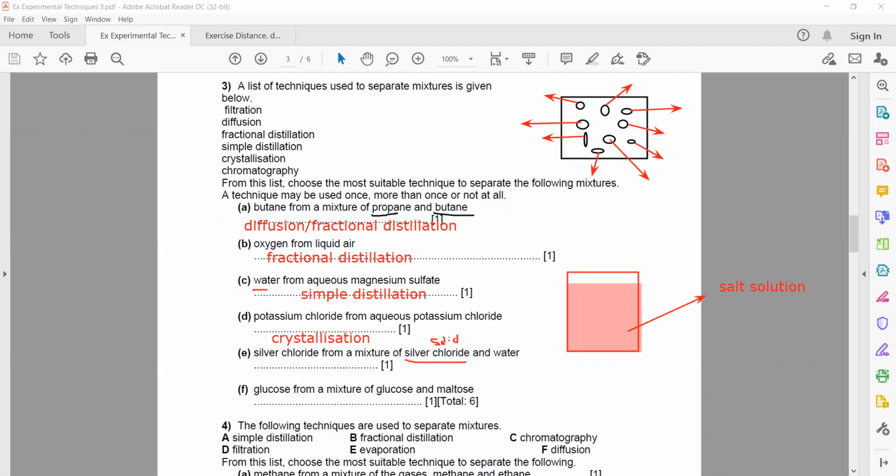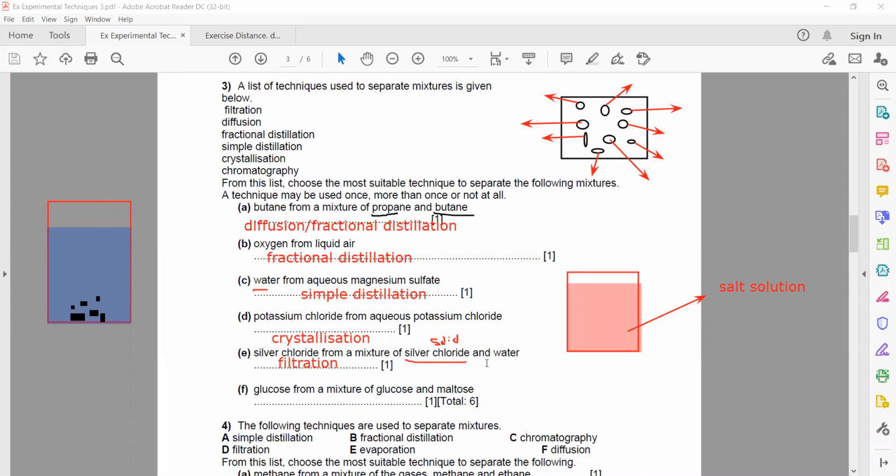Basically we have a container filled with water, and we have solid silver chloride, and we want to separate it from the water. So we can use filtration.